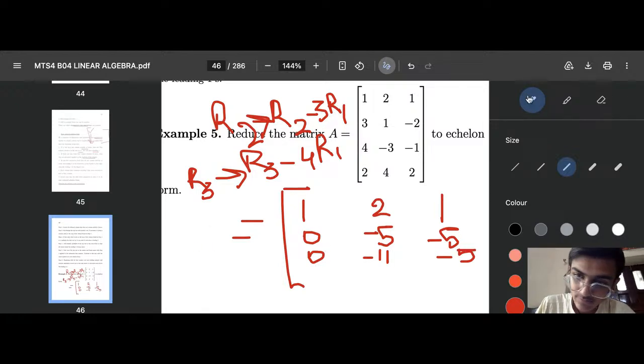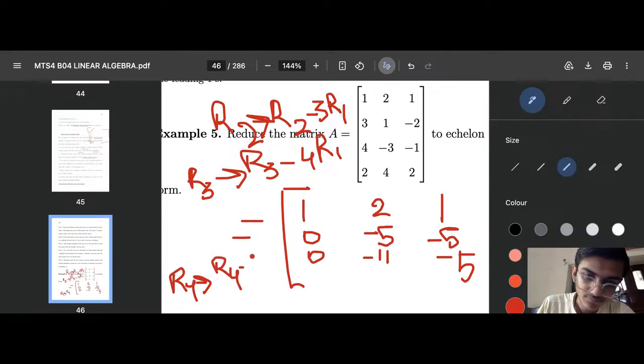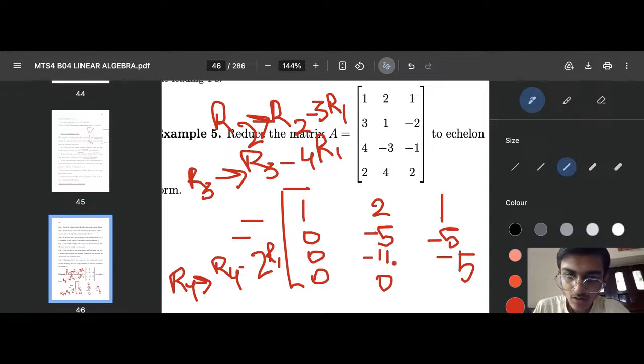Now R4 goes to R4 minus 2 times R1. Zero. 4 minus 4, again 0. 2 minus 2, again 0. This is actually 2 times this row. Right? Yeah. Now what can we do?